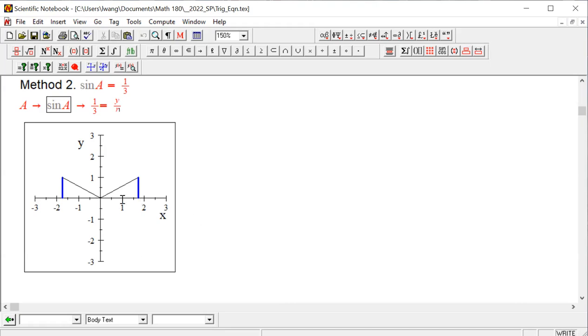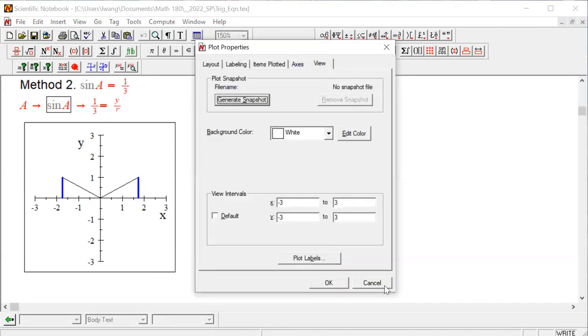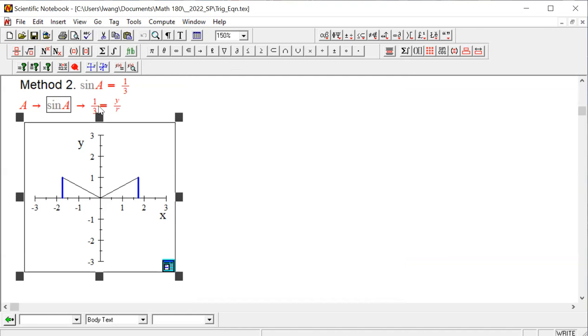So y over r. You see that? y is the blue, r is the square root of x squared plus y squared. Do we care about the red? No, we don't care about the red. So it's almost the same picture. If you insist, I can make some adjustment because the scale doesn't measure up. Say hold on, the radius is 3 and the y is 1. So 1, 2, 3.